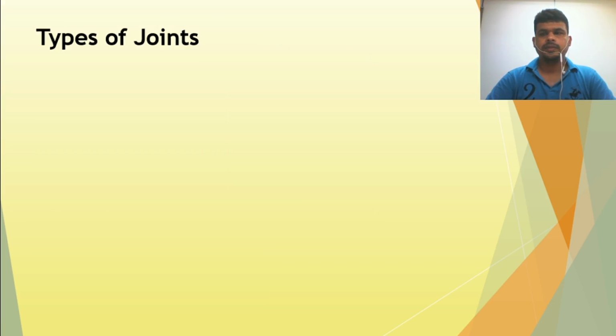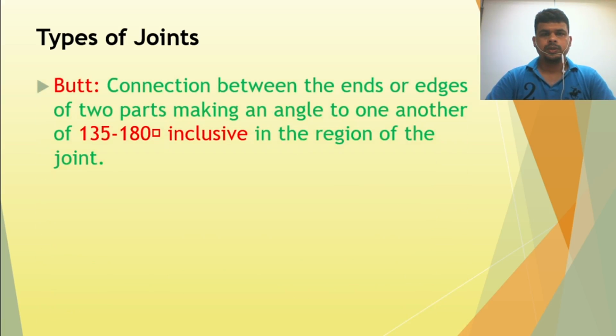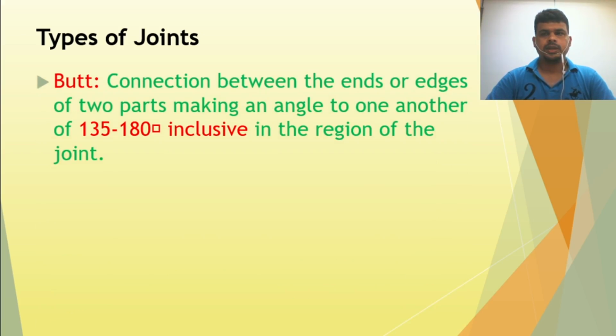Let's see what we have in today's lecture. So, types of joints. First I will discuss the type of joint, butt joints. So what is the butt joint? A butt joint is the connection between the ends or edges of two parts making an angle to one another of 135 to 180 degrees inclusive in the region of the joint. So you need to take note of this degree.